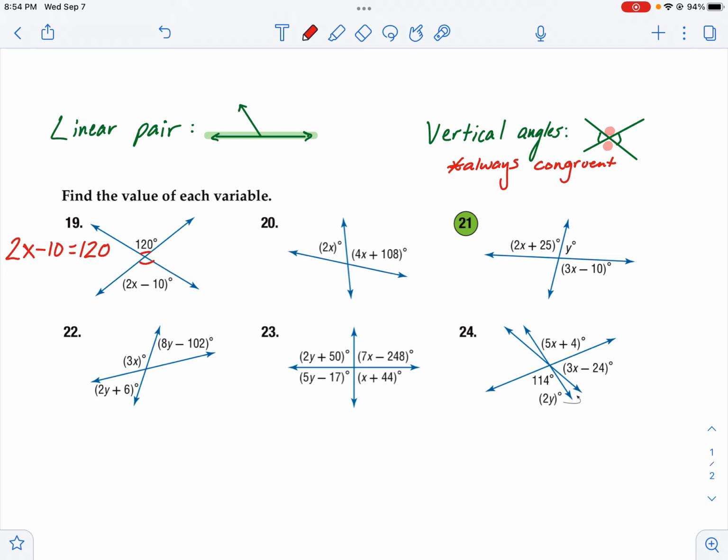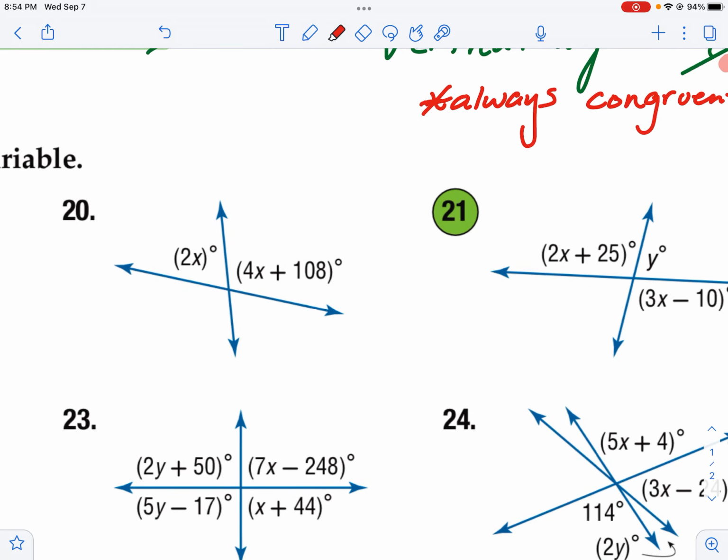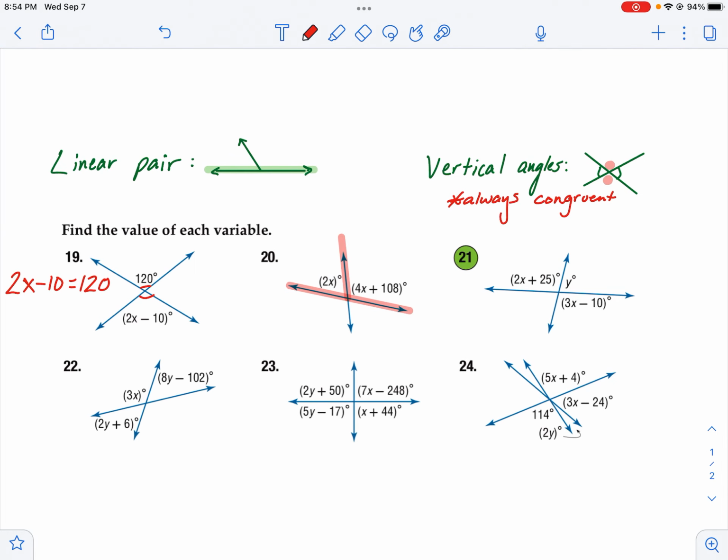Now let's move on to number 20. I need to classify first what kind of angle pair I have. Well, this is a linear pair. Notice how together they make a nice straight line. They're adjacent, and when you put them together, they make a nice straight line. What do linear pairs always do? If they make a line, they should add to 180 degrees, because a straight line is 180.